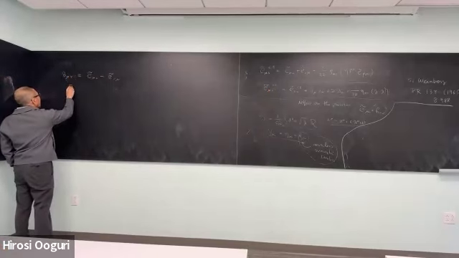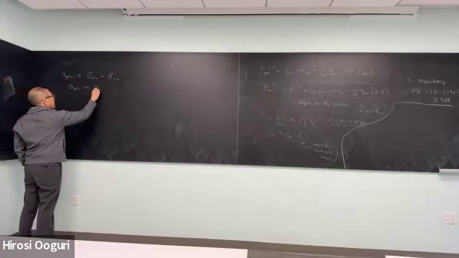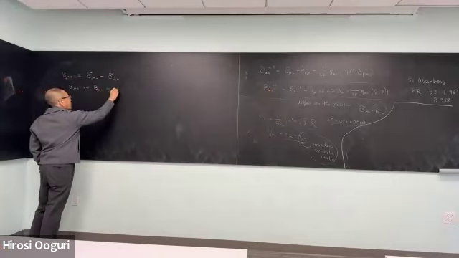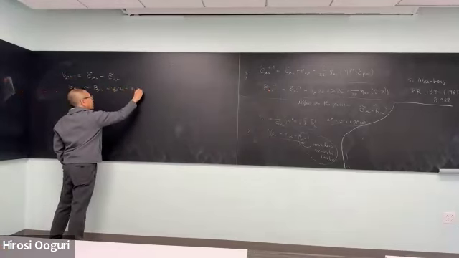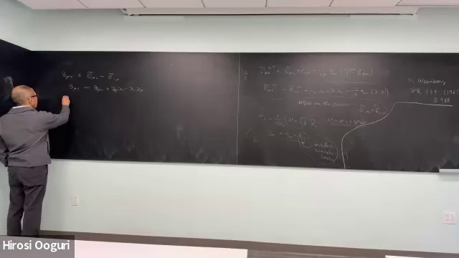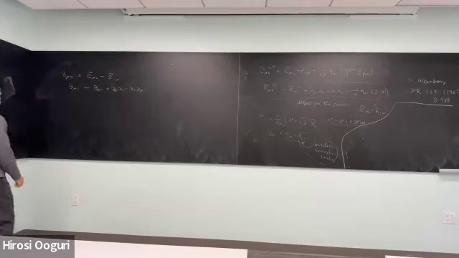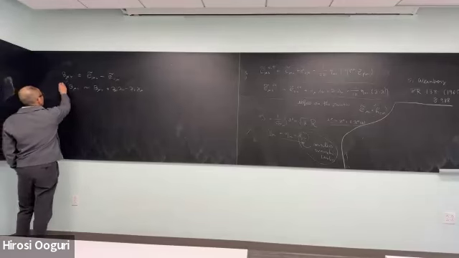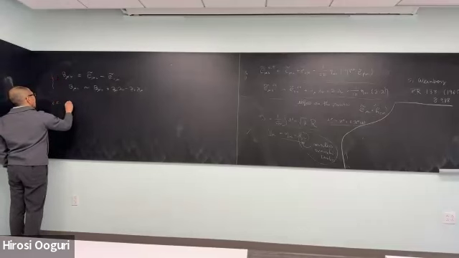So B mu nu is therefore the same as B mu nu plus del mu lambda nu. So this theory has this gauge transformation. Okay. And then it satisfies the equation for a massless field. So it satisfies this equation in some case, but this is the condition. So this should be very similar to Maxwell's theory.